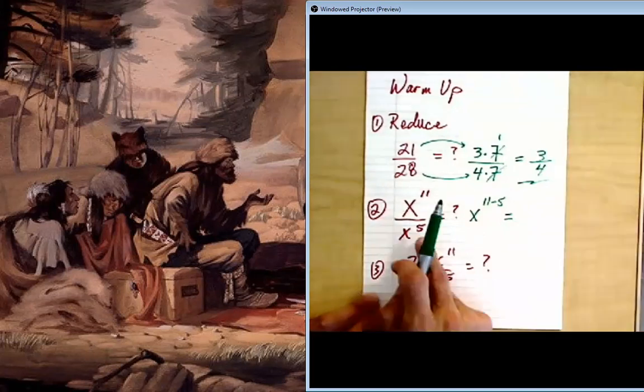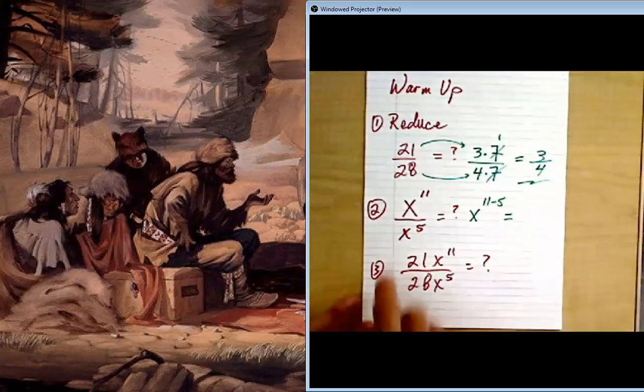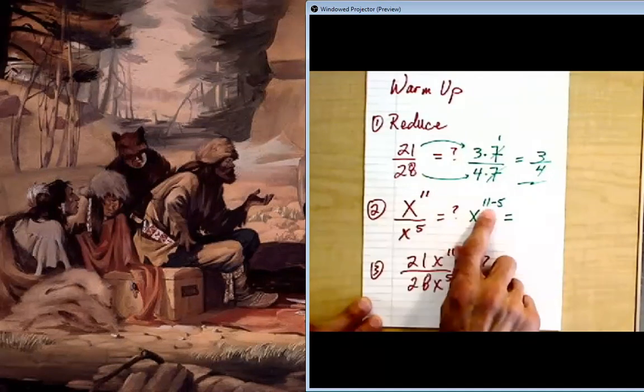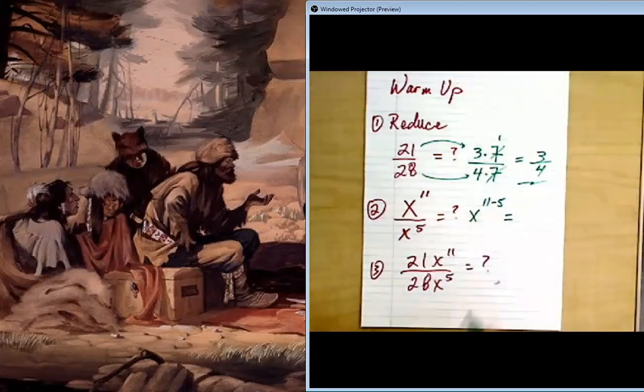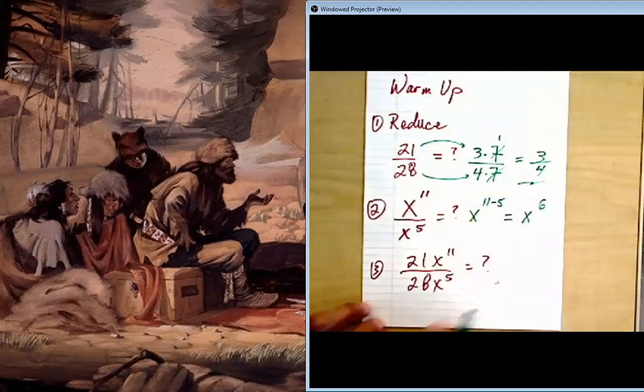Here you got 5 of them all the way across. Cancel them out. How many are you left with? That's right. The 5 will cancel out. 5 will divide out, and so you'll be left with 6 that are there. Is that okay for everyone? Yeah? Okay.